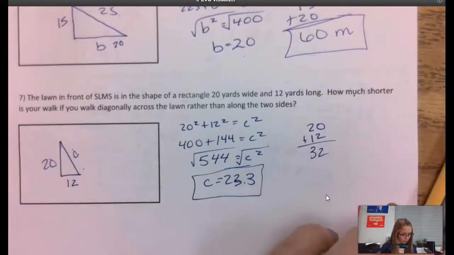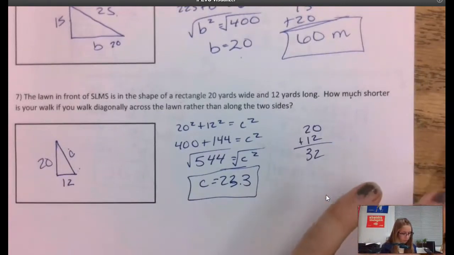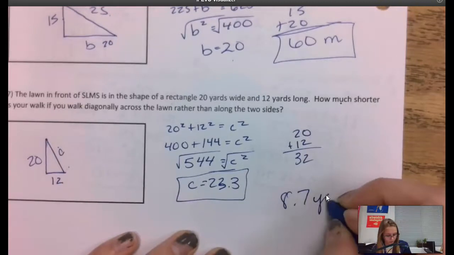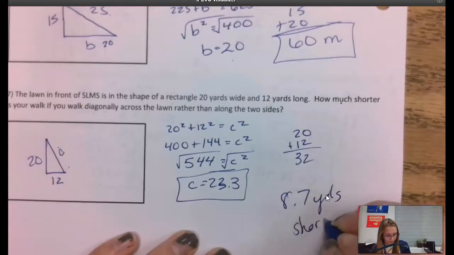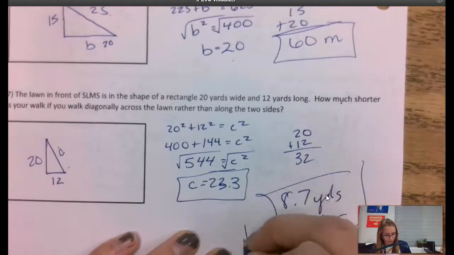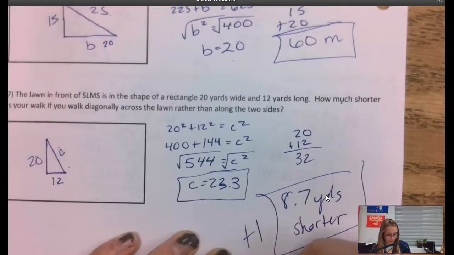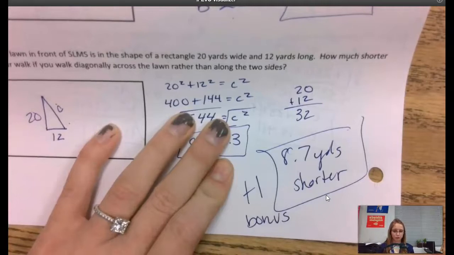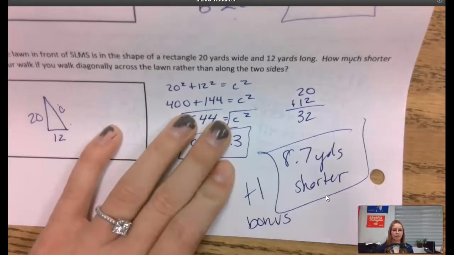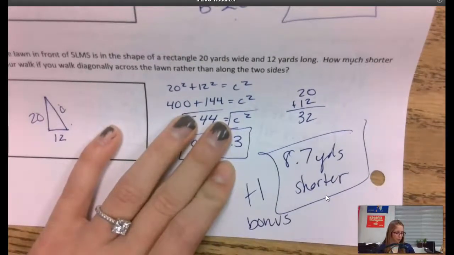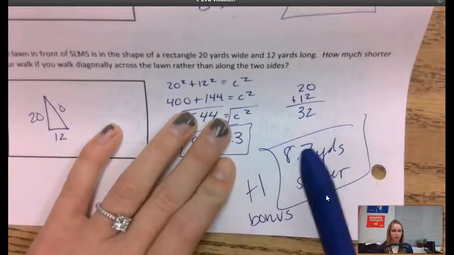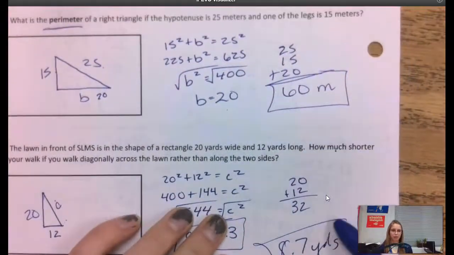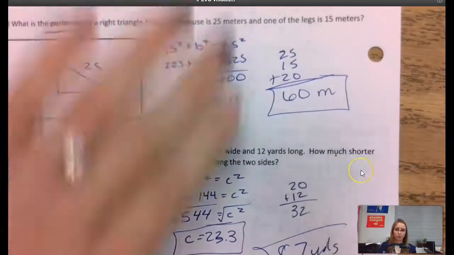You get 32 minus 23.3, and you get 8.7 yards shorter. If you had that, you then got a bonus point, and that is written on your test. So a handful of people, if you got this part and missed that, I added the point there. If not, it just went elsewhere, okay?